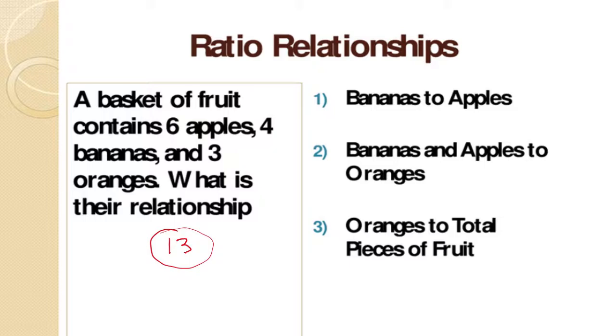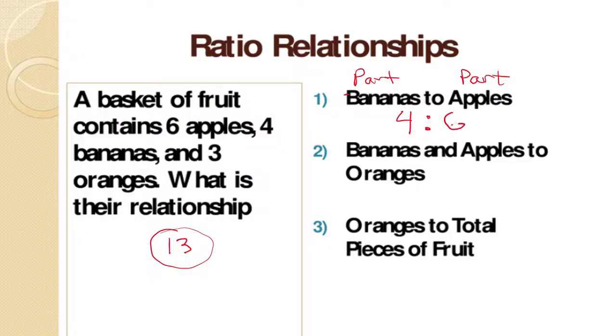So if we look at bananas to apples, that is part to part because bananas are part of the fruit basket and apples are part of the fruit basket. And so the ratio of bananas to apples, bananas has to come first because the word says bananas first. So it would be 4 to 6.